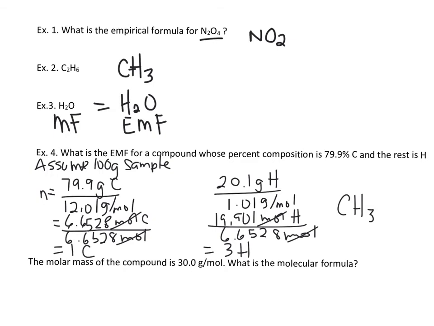It says that the molar mass of the compound is 30.0 grams per mole. What is the molecular formula? So what is the molar mass of our empirical formula? You've got 12.01 for the carbon, 3.03 for the hydrogen. So in total we have 15.04 grams per mole.